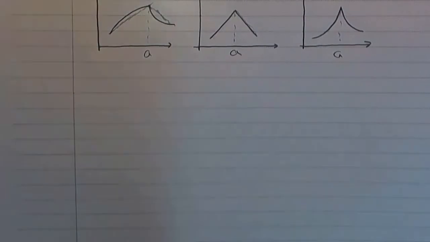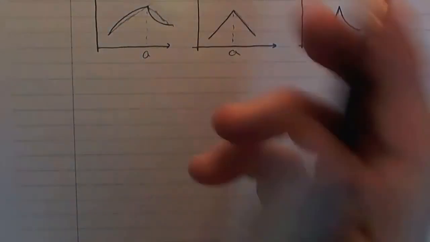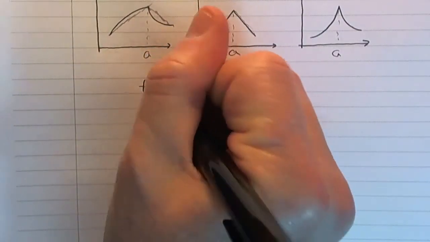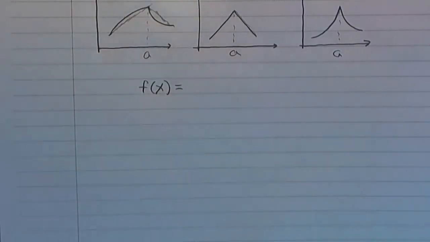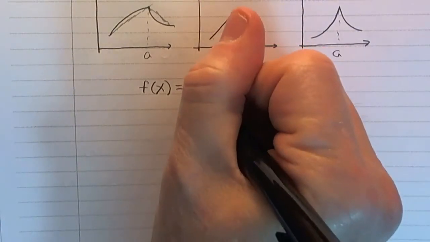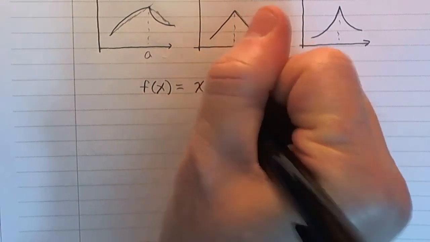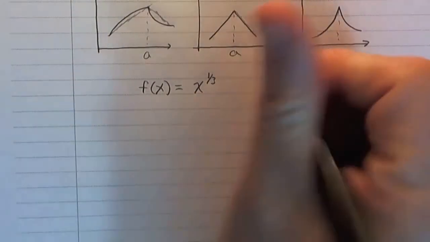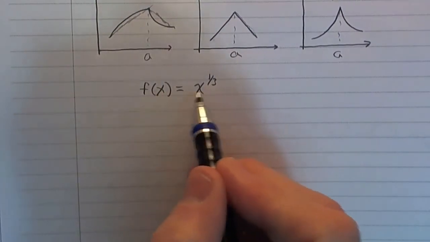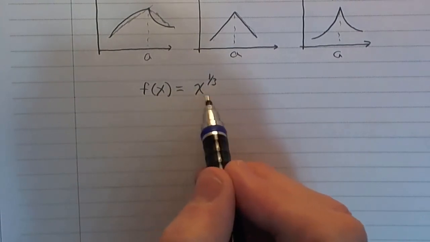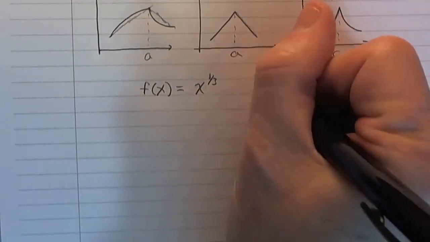Now, you don't always have to look at the graph. Sometimes you'll just look at it algebraically. Let's suppose we have x to the 1/3, and we want to find the derivative. Now, this x to the 1/3, its domain is all real numbers. But let's look at the derivative.